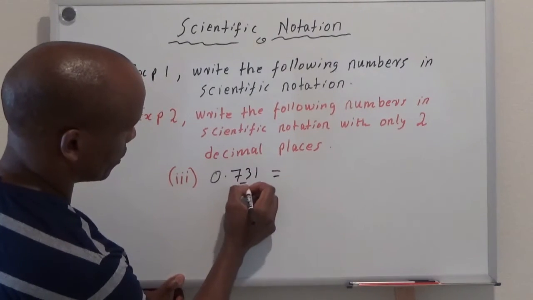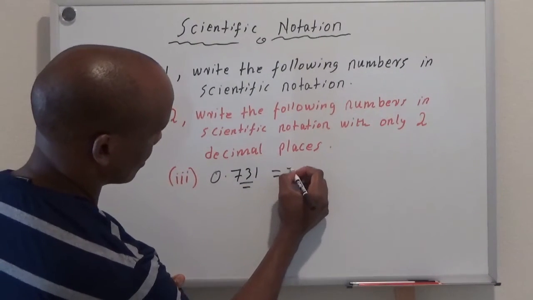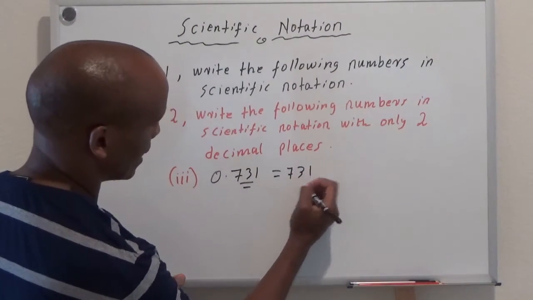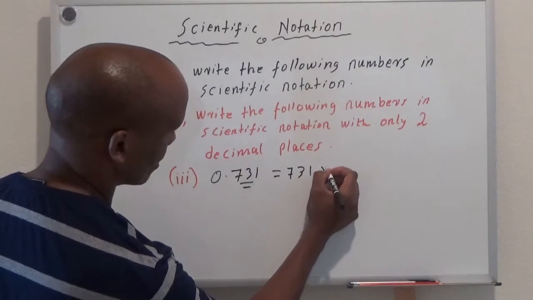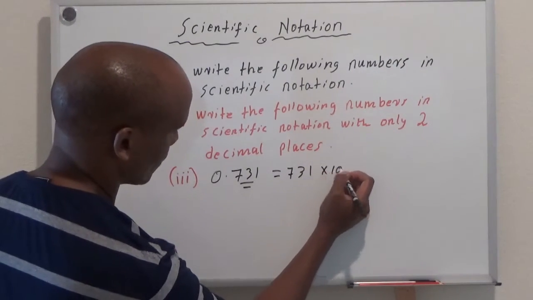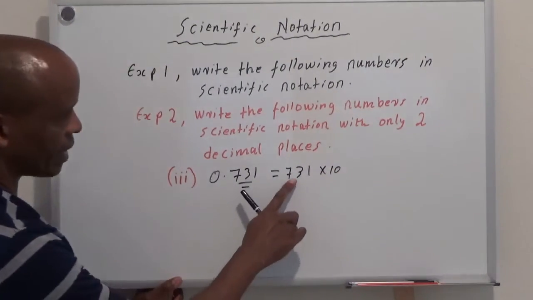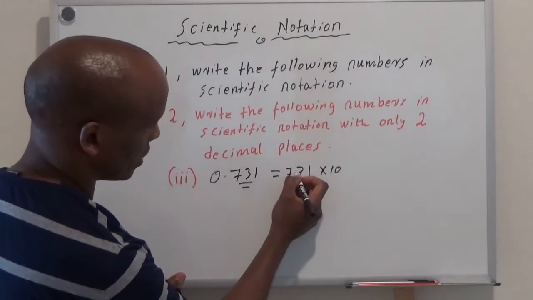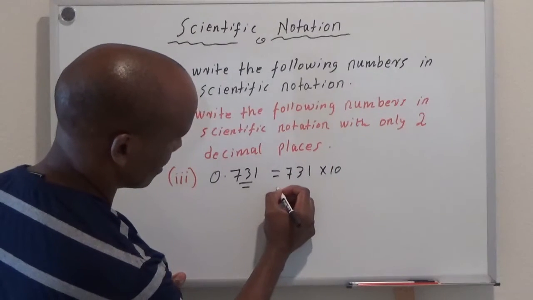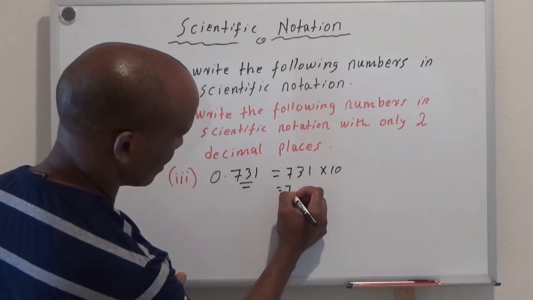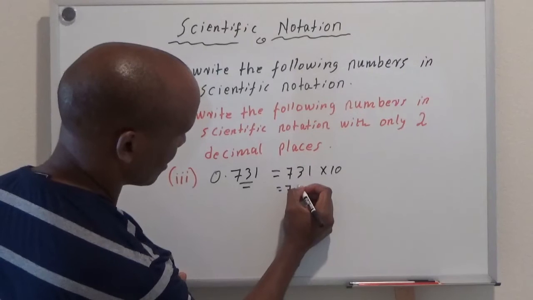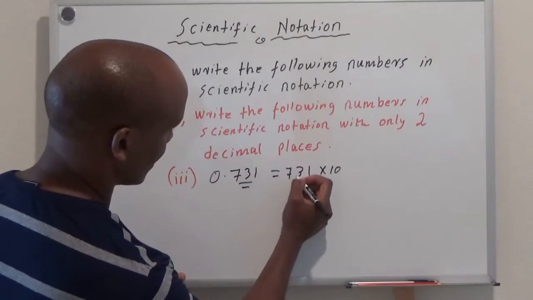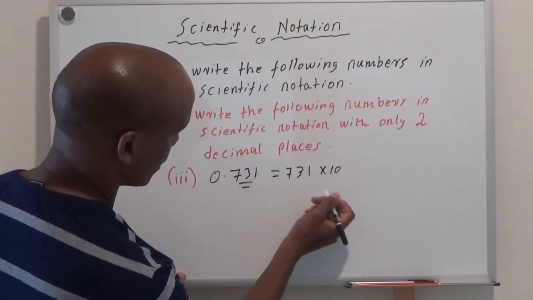Same thing. First of all, I write this number, 731, as a whole number. Then I know it's going to be times something. I need the number between 1 and 10, so it can only be 7.31 times.